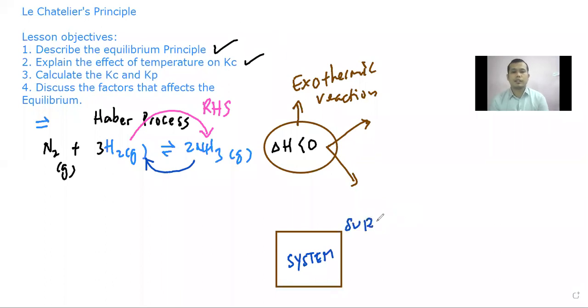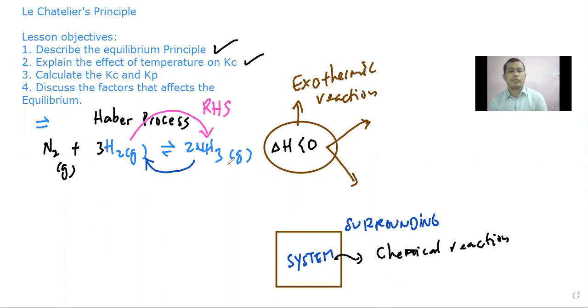Definitely the system is basically the chemical reaction itself. For example, in this case, it is the reaction between nitrogen and hydrogen to give ammonia.